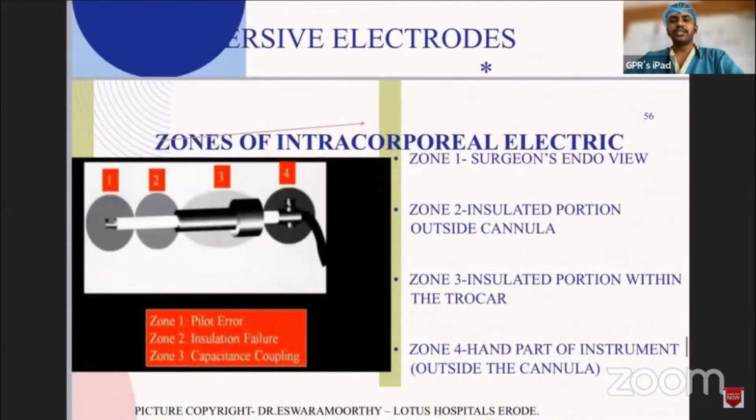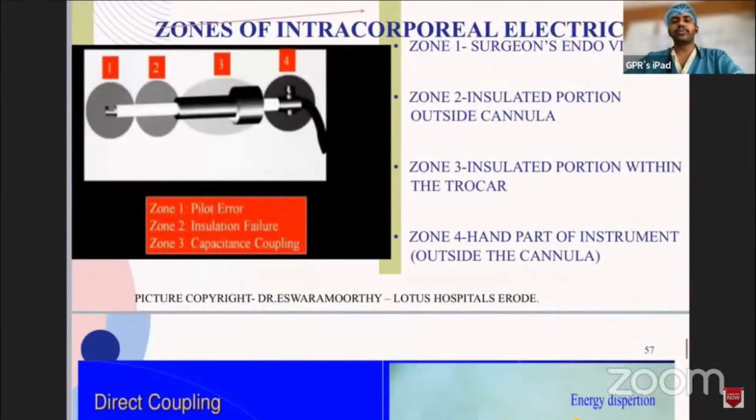During endoscopic or laparoscopic surgeries, there will be intracorporeal electric current dissipation, which can happen at 4 different places. It could be at the tip of the instrument or at the endo view, most likely because of faulty placement of the instrument where it is not needed, or overactivation of the foot pedal.